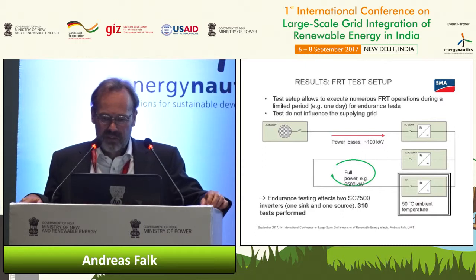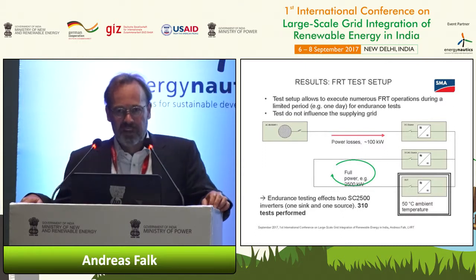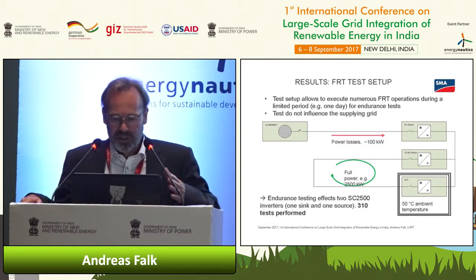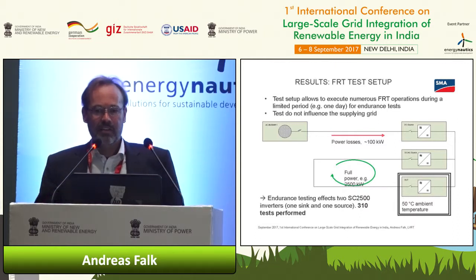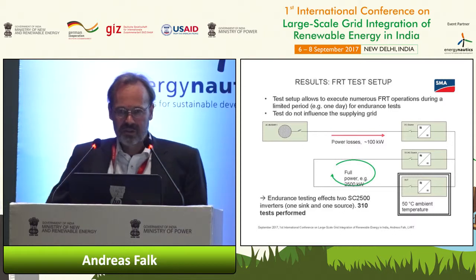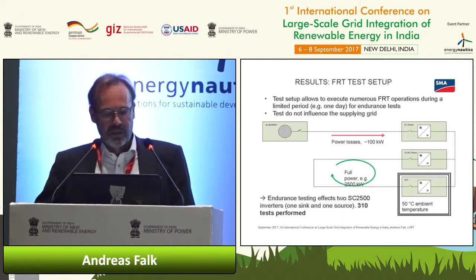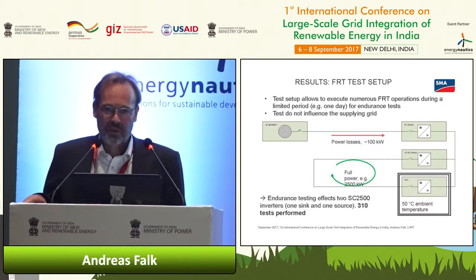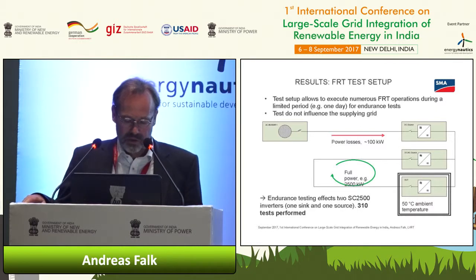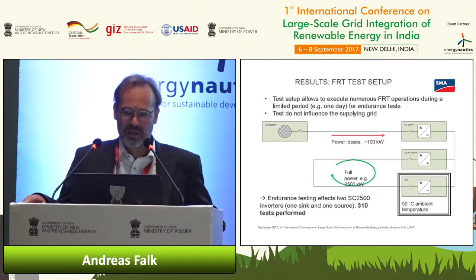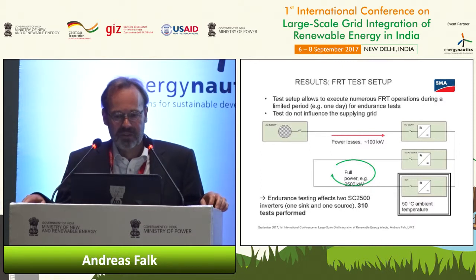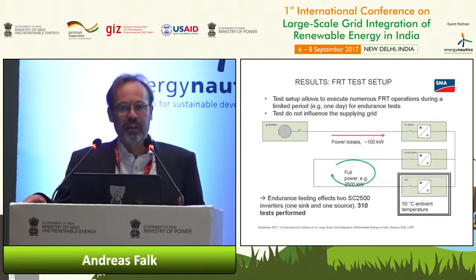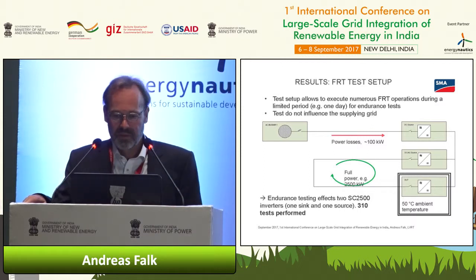And the losses are not very high in percentage, but they are there. And here you can see, in case you have no DC source available, fault ride through current cannot be injected until zero voltage, because you need some active current to cover the losses of the equipment in case of a fault ride through event.